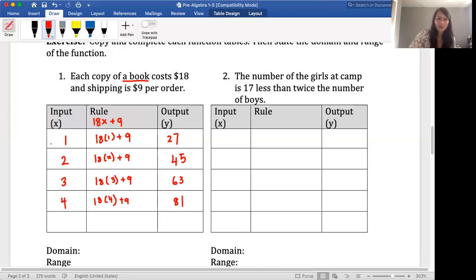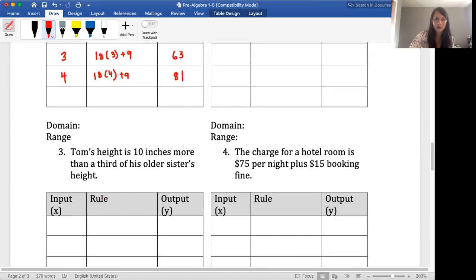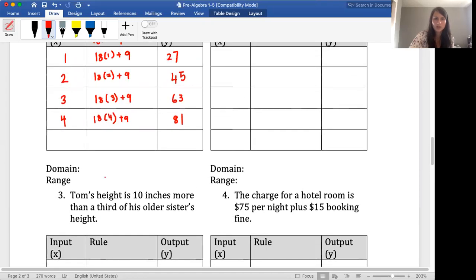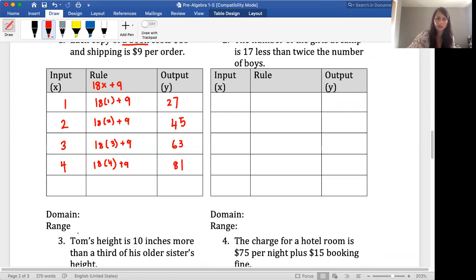I'm just going to have you do 4 inputs and outputs, so you don't have to do the last little box there. The final thing is we have to list the domain and range. We're getting into the habit of recognizing what is our domain and what's our range. Domain is anything that's our x value, and range is our y value. So we have 27, 45, 63, and 81.